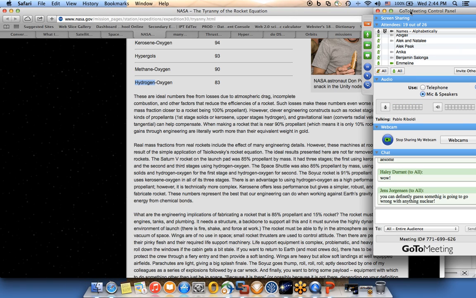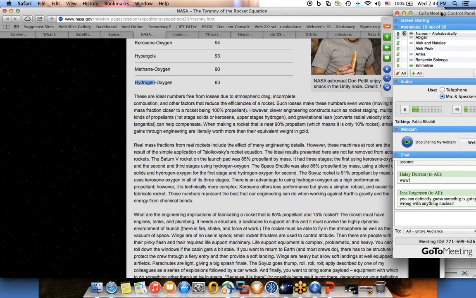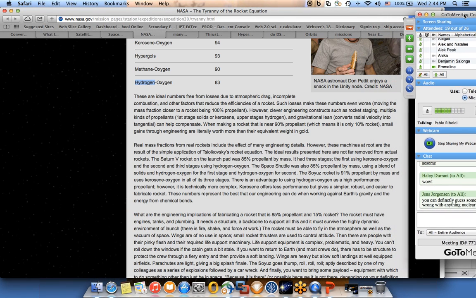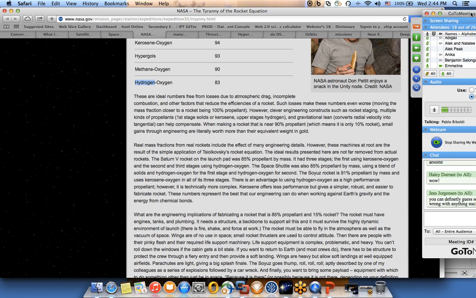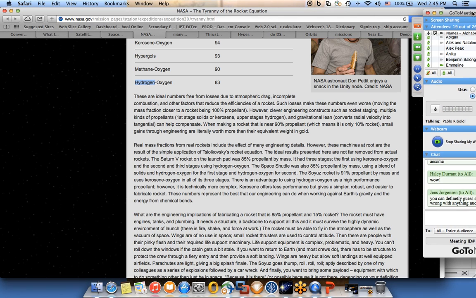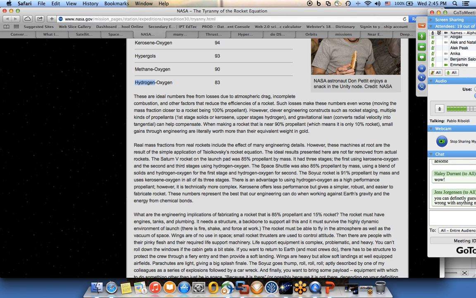Yeah. You can definitely guess something is going to go wrong with anything nuclear. Not necessarily. Actually, nuclear energy has been usually very, very safe. Okay, if you think about the amount of nuclear reactors that we have around the world and everything, there have been very few problems with them.